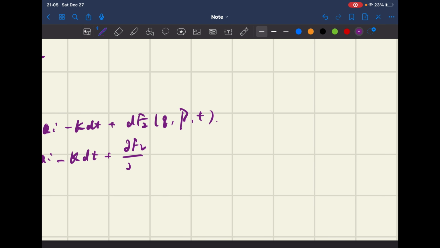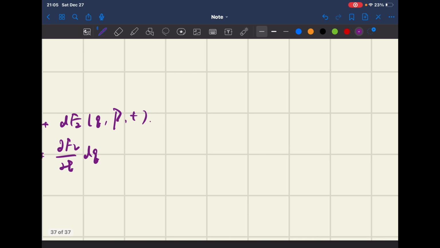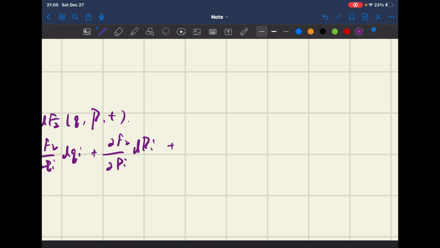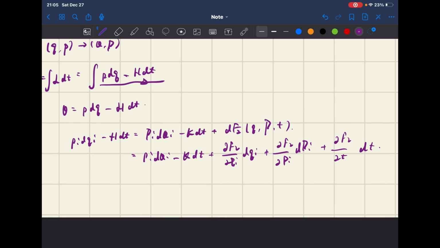This term is partial of F2 over partial of q_i dq_i, plus big P_i dQ_i, plus partial of F2 over partial of t dt.